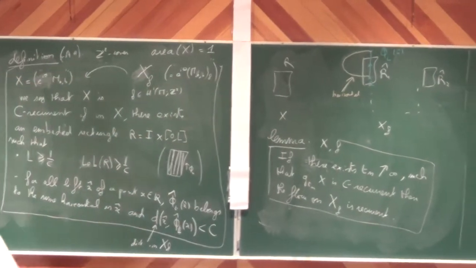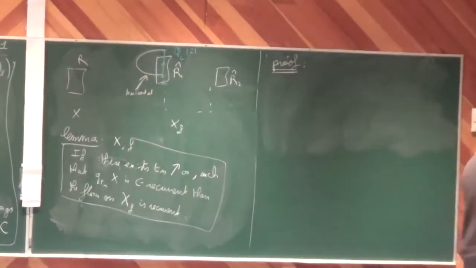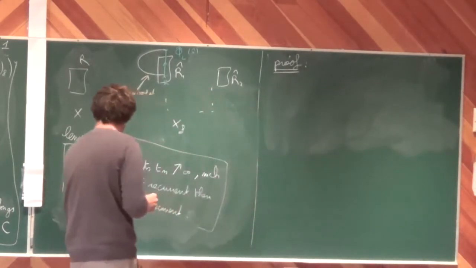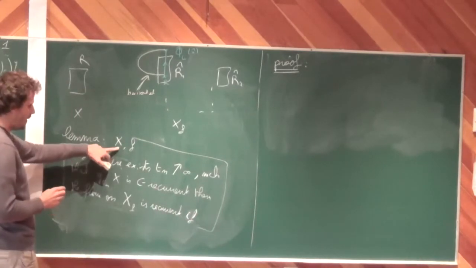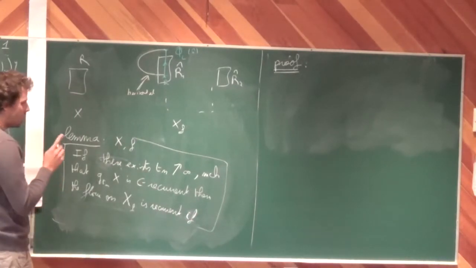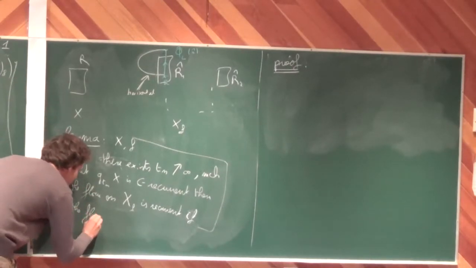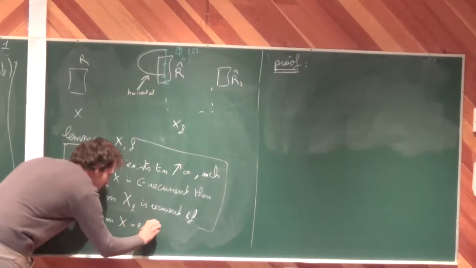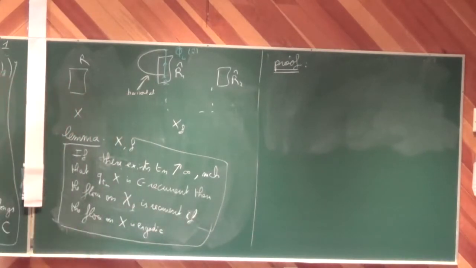So yes, there is a mistake in the statement. If there is one assumption you need about x, it is ergodicity. At some point you use crucially ergodicity on x.